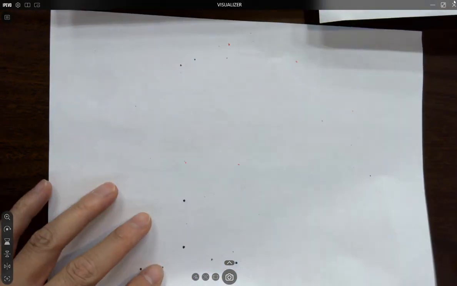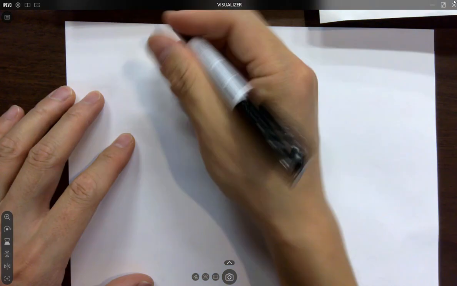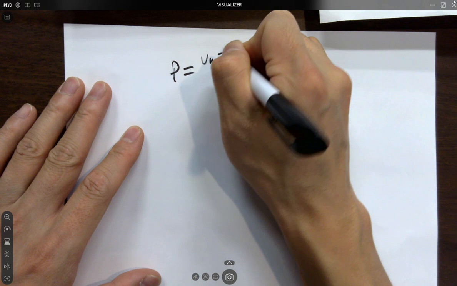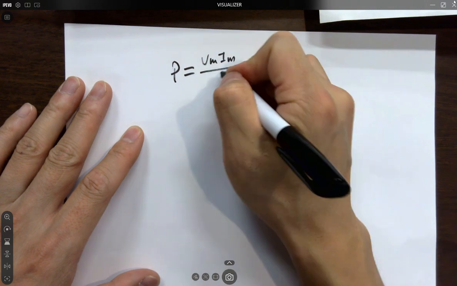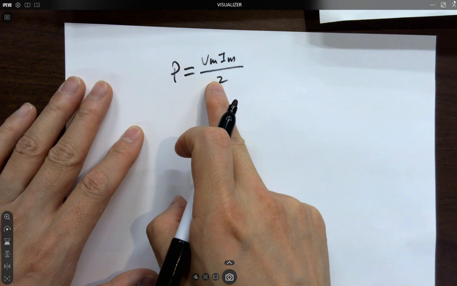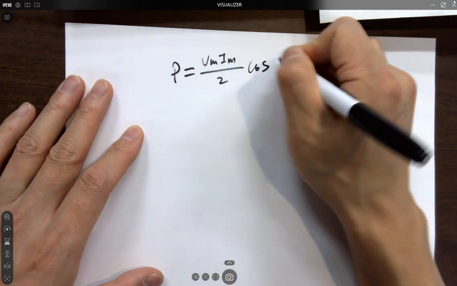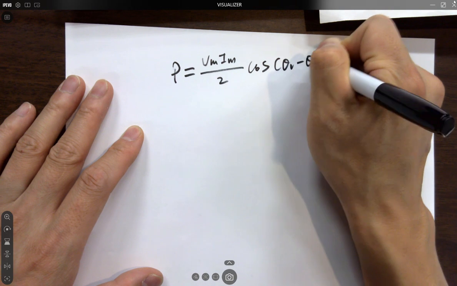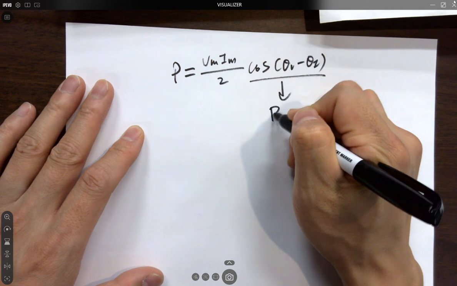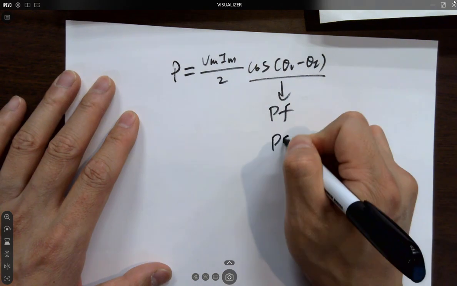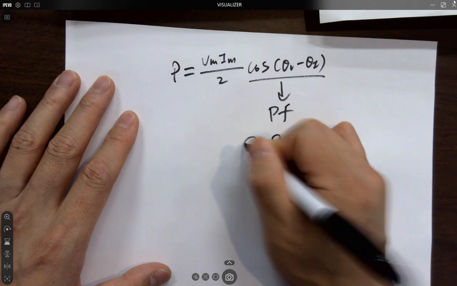Okay, power factor, we talked about this, right? There are several ways to get the power factor. Remember, average power equals what? VM, IM, the peak magnitude voltage divided by square root of 2, divided by square root of 2, these are the RMS values, times cosine of theta V minus theta I. And this is called the power factor, and it's always between 1 and 0, right?